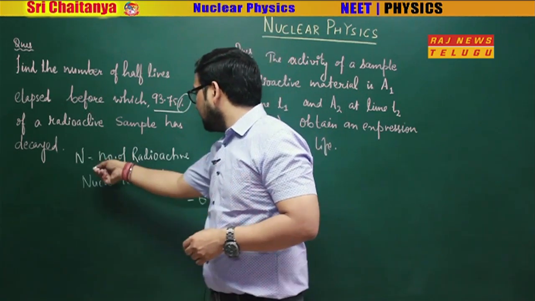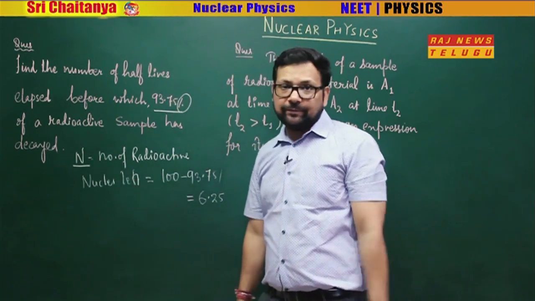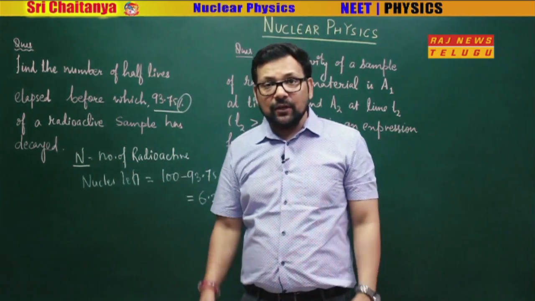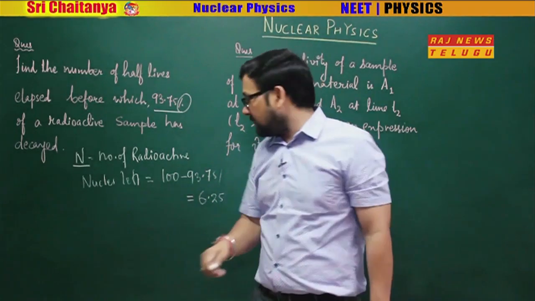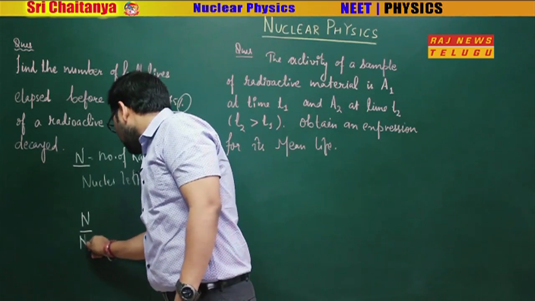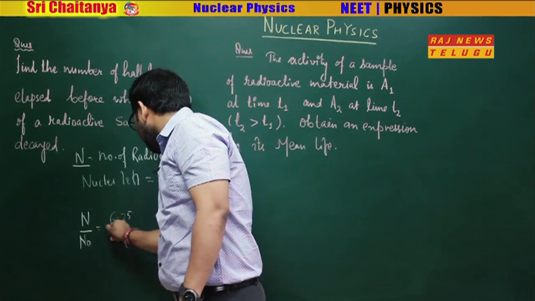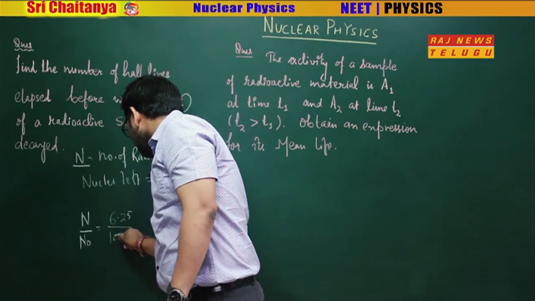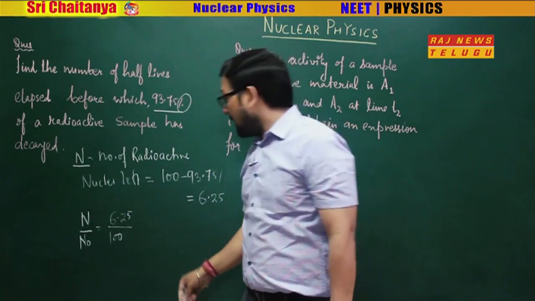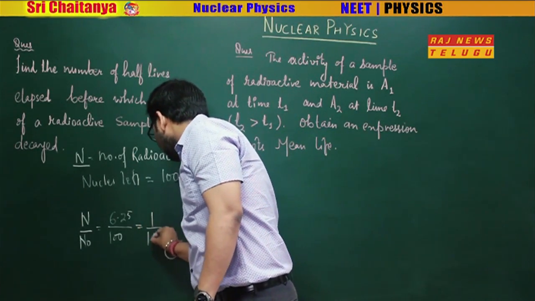This is N, the number of radioactive nuclei left, and the original is 100. So students, what is N by N naught? This is simple, no? 6.25 divided by 100, and if you calculate this, this is nothing but 1 by 16.